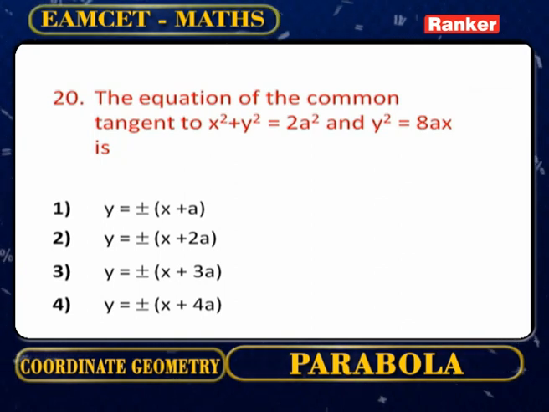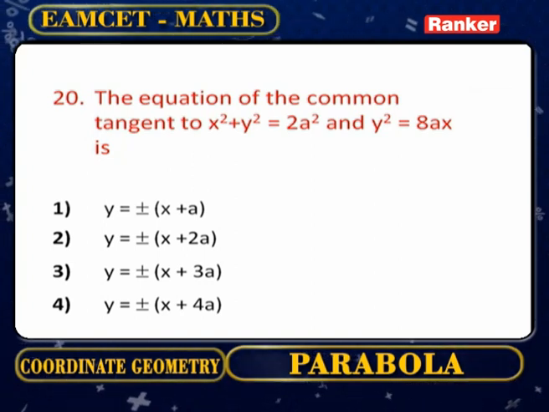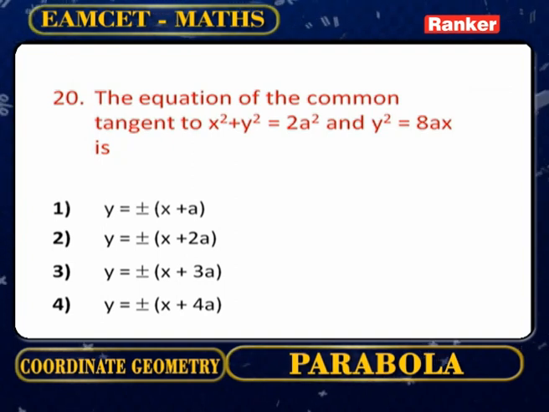The equation of the common tangent to the circle x square plus y square equals 2a square and the parabola y square equals 8ax. We require the equations of the common tangents to the circle and parabola. Now, the center of the circle is the origin, with circle equation x square plus y square equals 2a square.